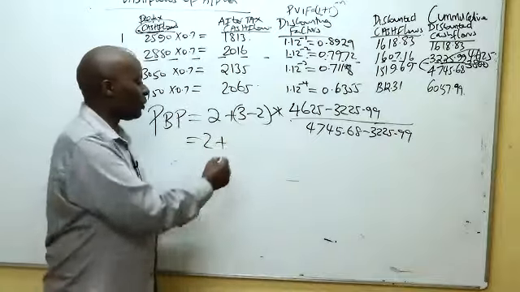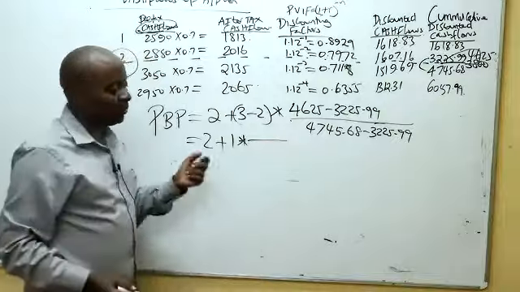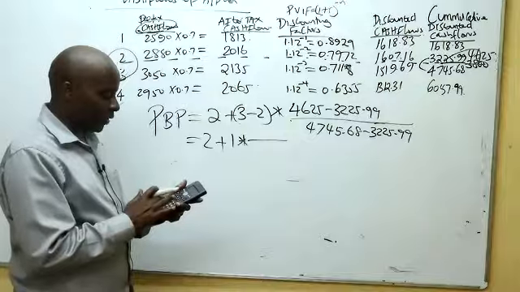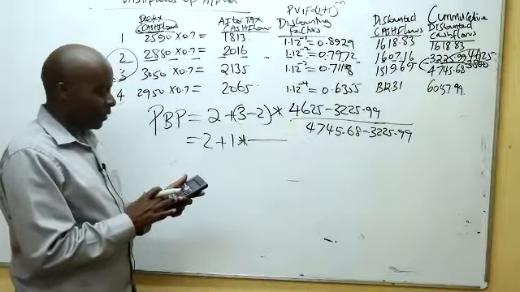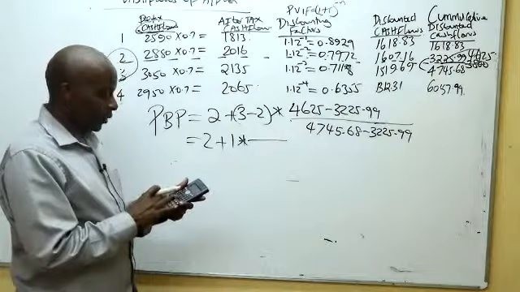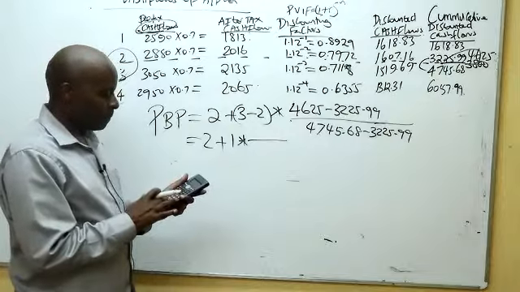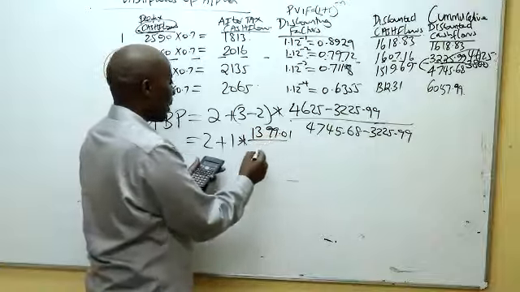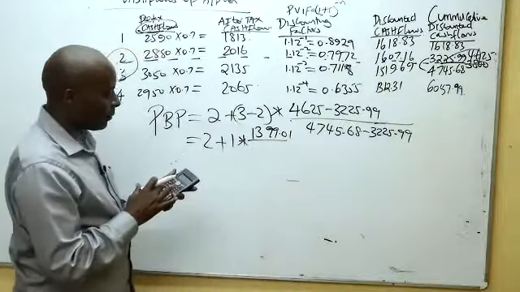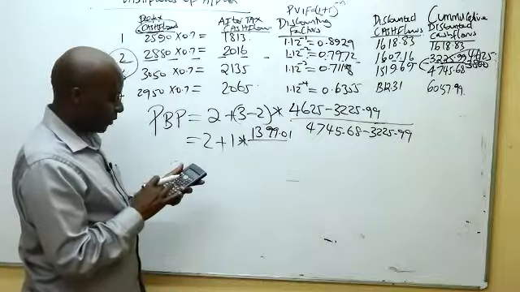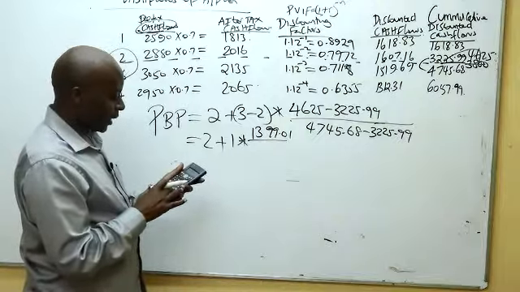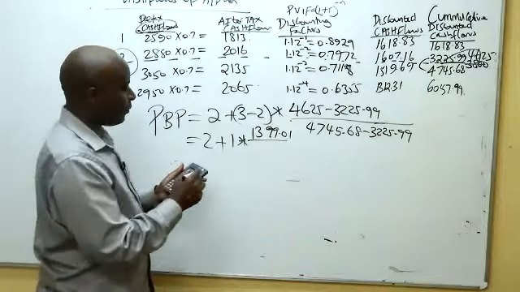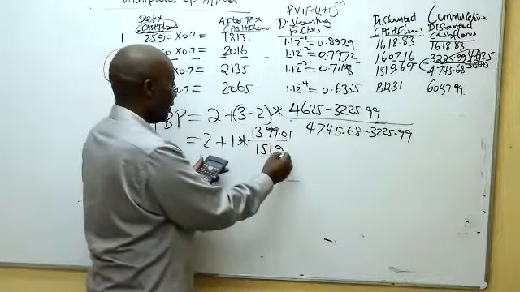3 minus 2 gives me 1, times the upper limit. Upper limit, what do we have? 4625 minus 3225.99, which gives me 1399.01, all over 4745.68 minus 3225.99, which gives me 19.69.